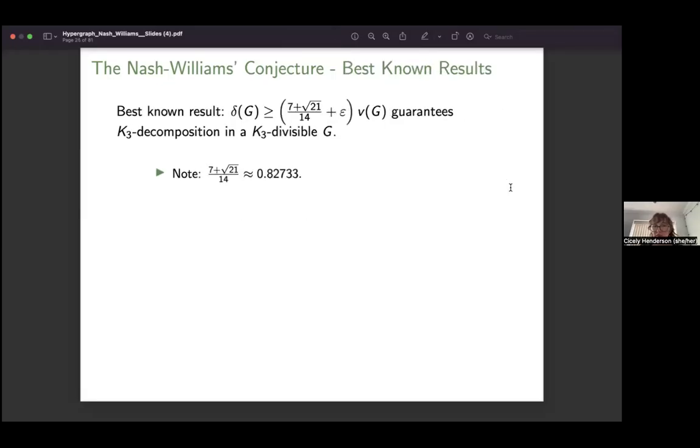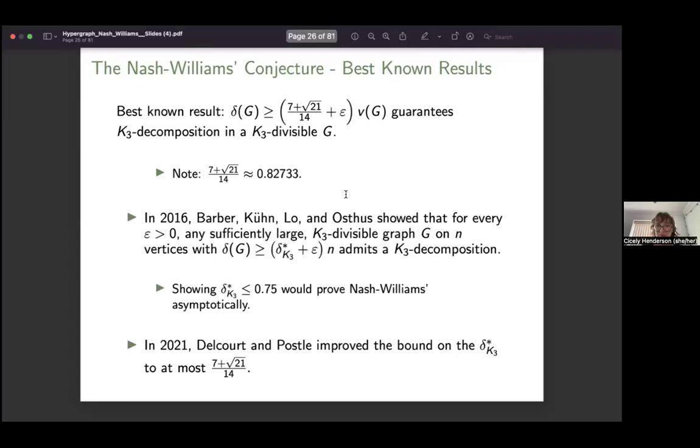So the best known result for the Nash-Williams conjecture is that minimum degree at least this fraction times the number of vertices guarantees that a K3 divisible graph has a K3 decomposition. If you put this into a calculator, you'll get that this number is approximately 0.83. And this is obtained through the combination of two different results.